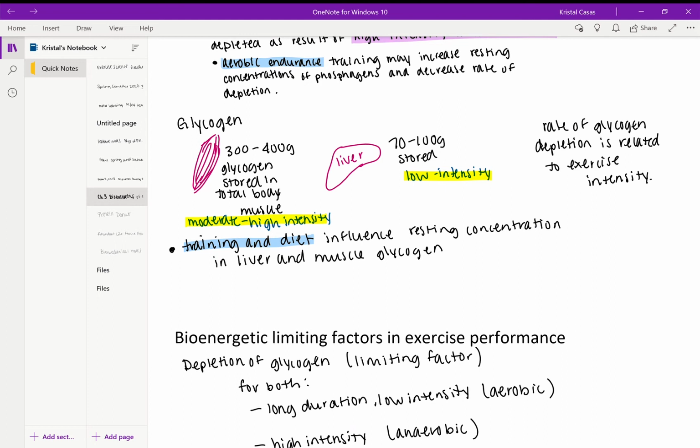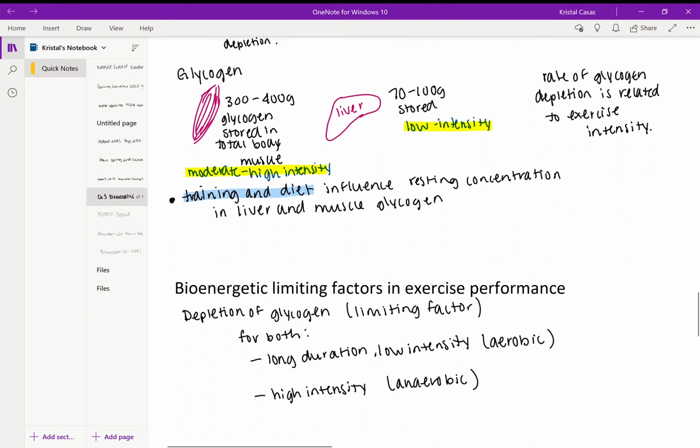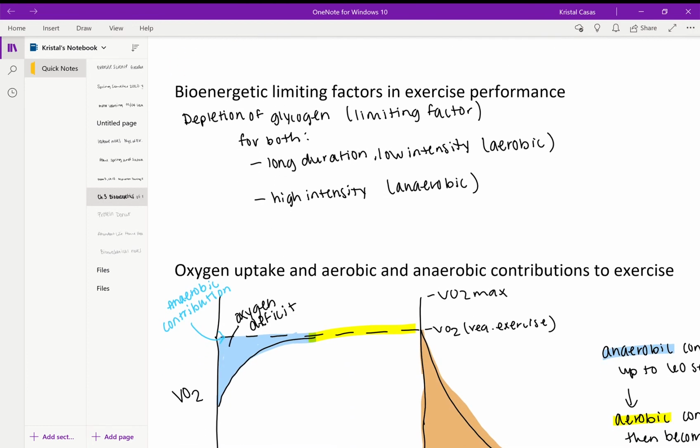The muscle glycogen is used during moderate and high-intensity exercise, and the glycogen stored in the liver is used for low-intensity exercise. Also, training and diet influence the resting concentration of liver and muscle glycogen. Depletion of glycogen is the limiting factor for both long-duration, low-intensity aerobic exercise and high-intensity anaerobic exercise.